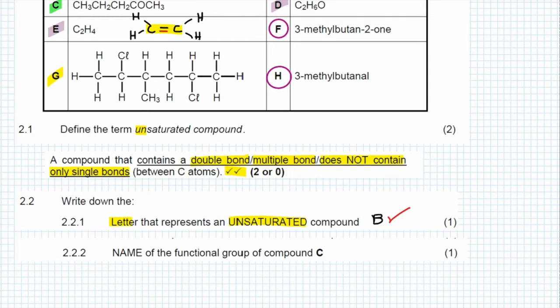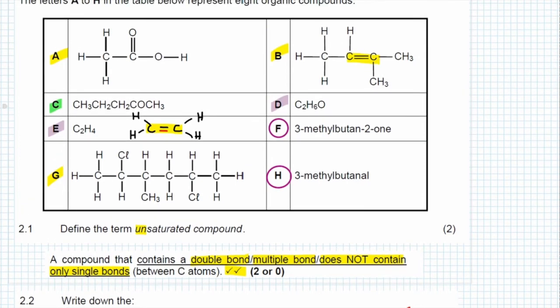2.2.2 says, write down the name of the functional group of compound C. So we go up to compound C, and we now need to analyze compound C. We see a whole lot of carbon and hydrogen atoms, but on the 4th carbon atom, there is an oxygen atom. That carbon atom is bonded to 2 other carbon atoms.